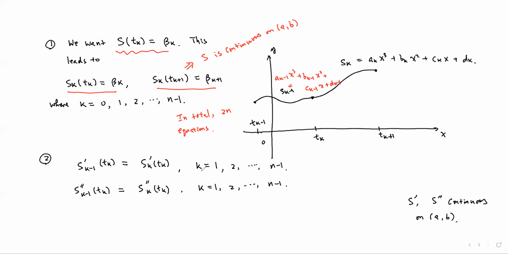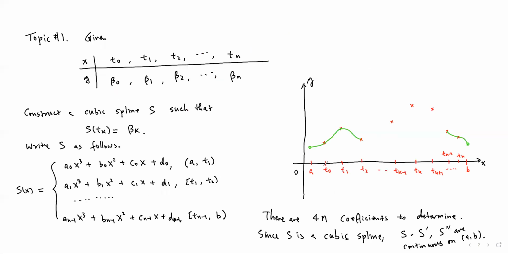Some people may ask why k cannot be 0. Because when k is 0, at t_0, S is always continuous: from A to t_1 it is a single polynomial, always continuous at t_0. We also don't need to worry about the point t_n, because from t_(n-1) to B it is a single polynomial, of course continuous at t_n.